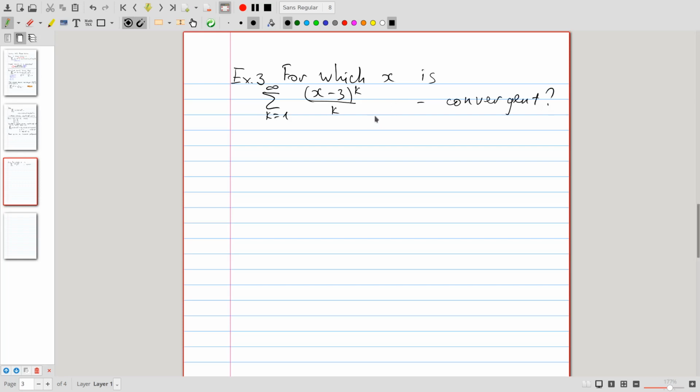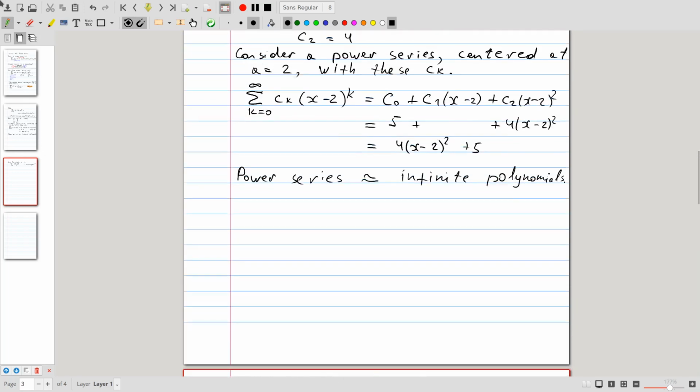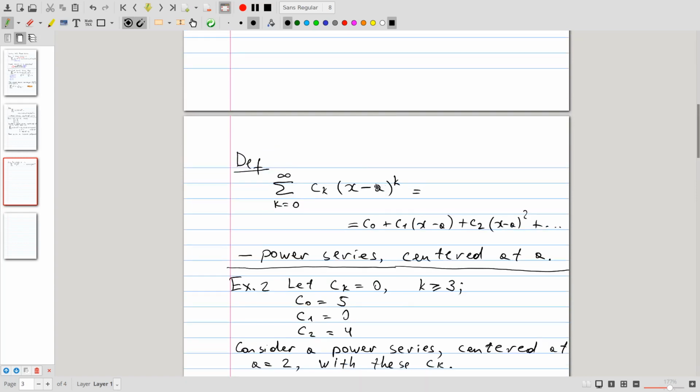So note that here we have a series centered at 3 because we have x minus 3 to the k. So 3 here plays the role of a in this definition.